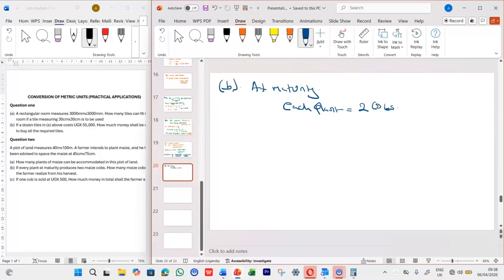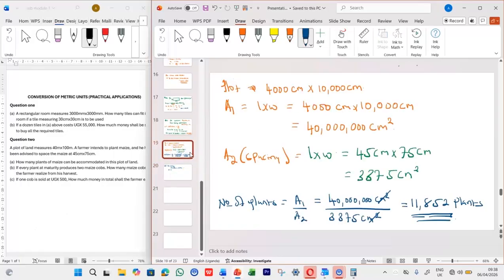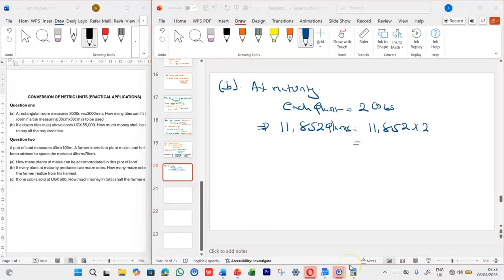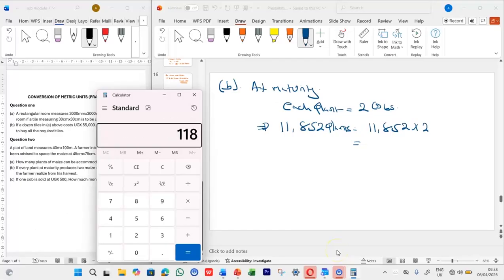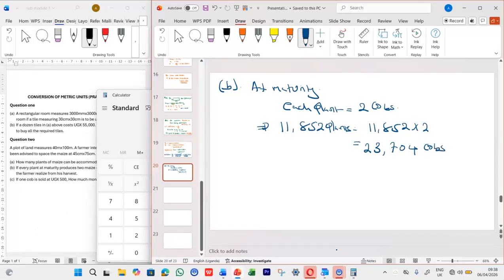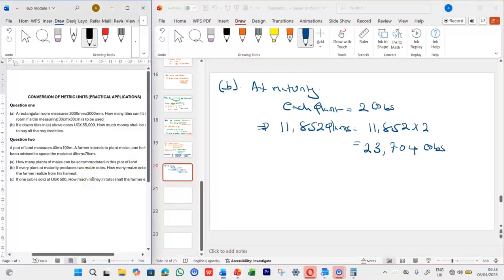This implies that 11,852 plants will produce 11,852 times 2, which is 23,704 cobs.